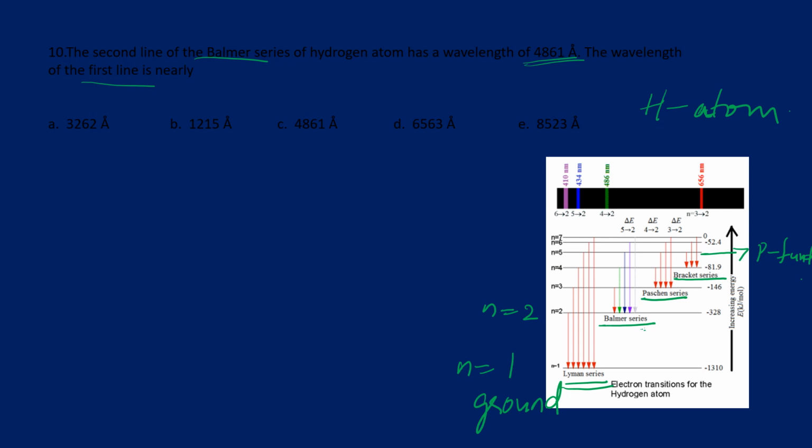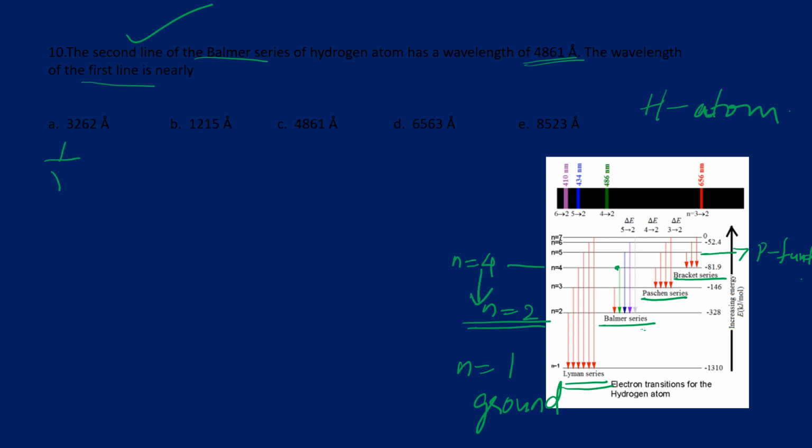So it comes to n equal to 2 state. Second line of Balmer series means this green line, which starts from n equal to 4. So it's coming from n equal to 4 to 2.